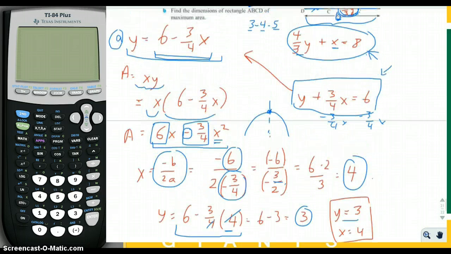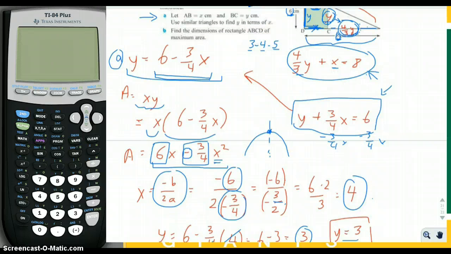Oh, and let's go back and look at this. These two I said were equivalent. If you want to take this one and get this one, all you do is multiply the whole thing by 3/4.